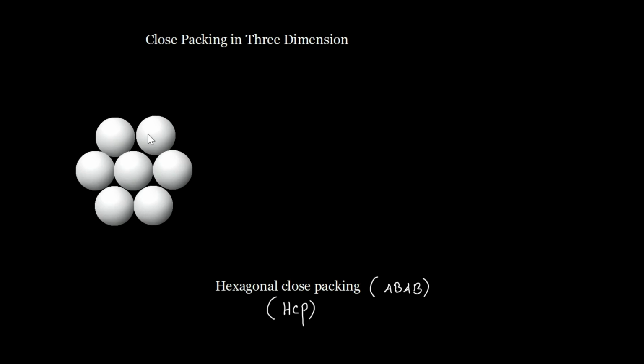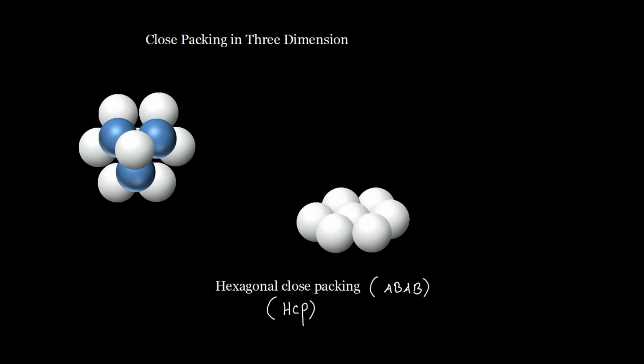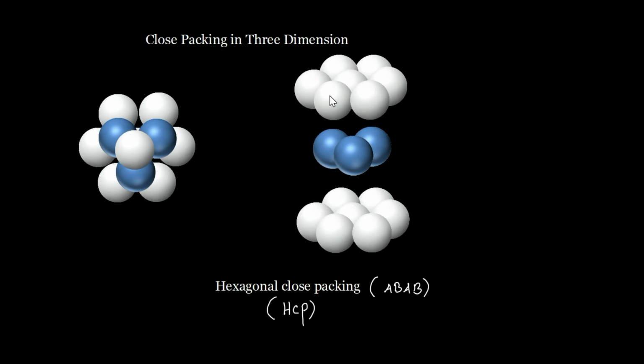You can see here clearly, this is the first layer of atoms. We place the atoms of the second layer above the triangular voids, and atoms of the third layer on the tetrahedral voids. Then we get the hexagonal close packing arrangement.